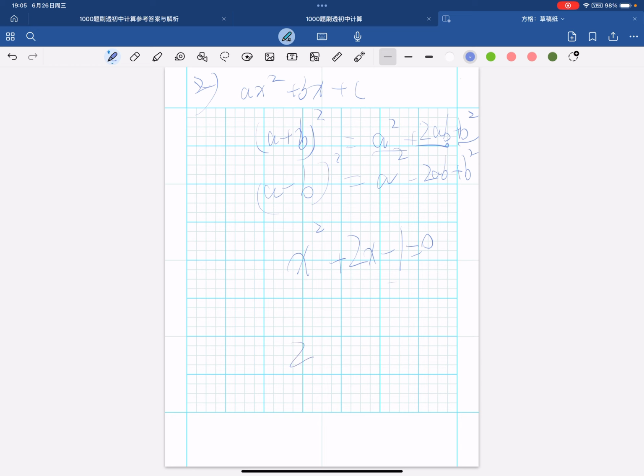Actually, 2 times x times b equals 2x. So 2x times b equals 2x. So b in this sequence is actually 1.